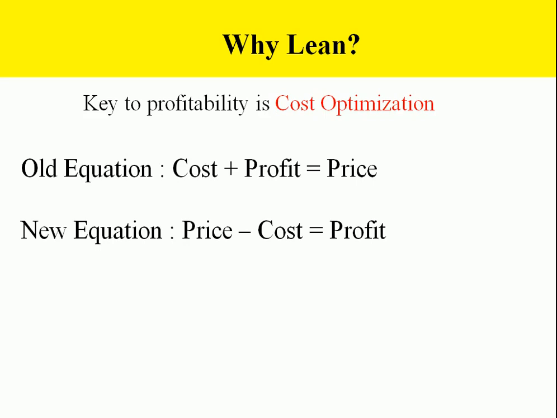In today's perspective, the profit can be increased while keeping the price the same. The price of the product remains the same, but the cost to manufacture the product can be reduced, so that a good profit can be increased by keeping the price value the same. This can be understood very well in a pictorial representation.